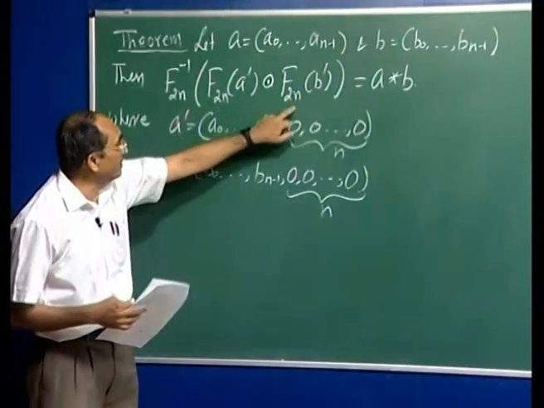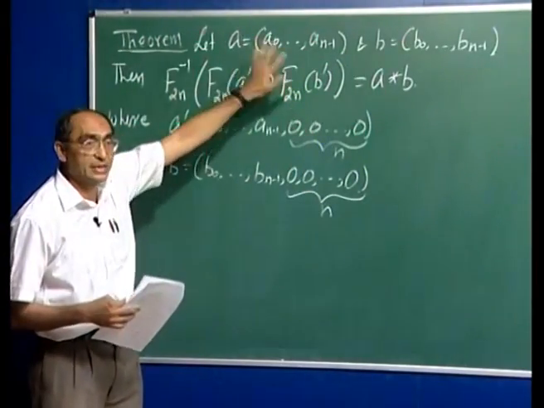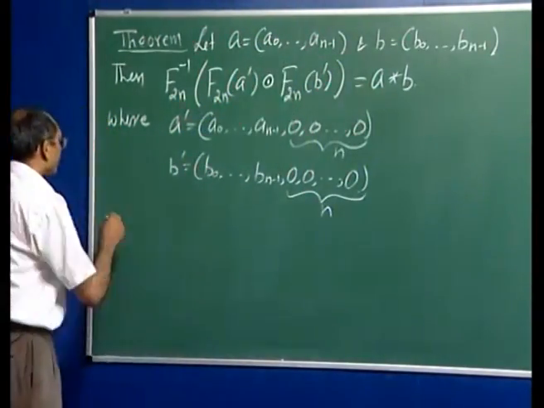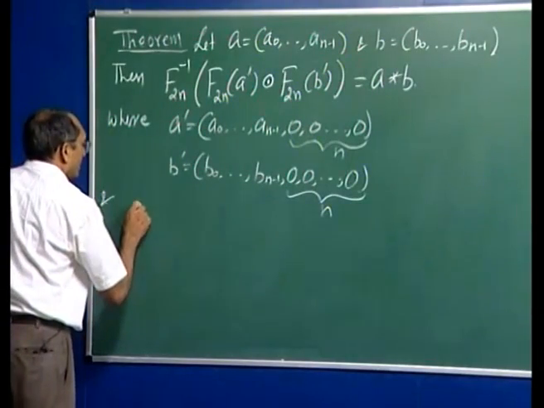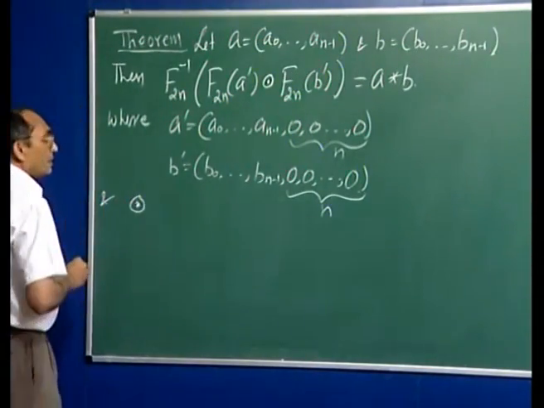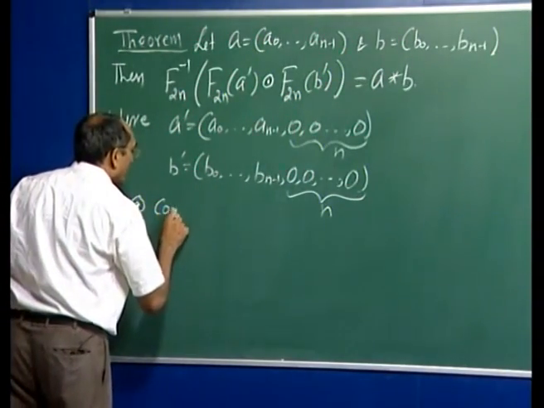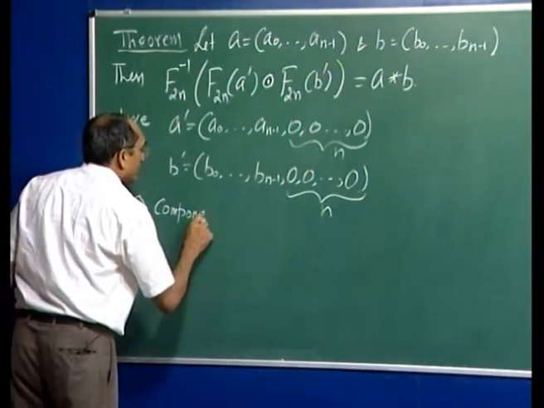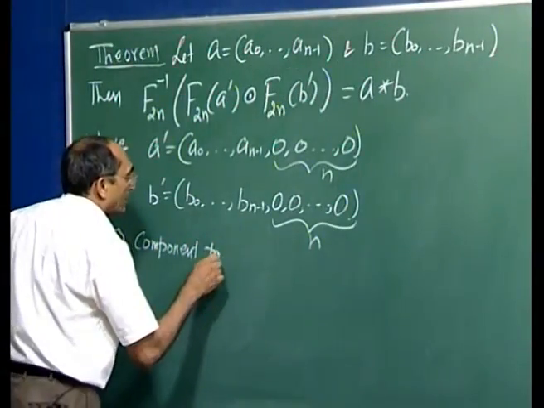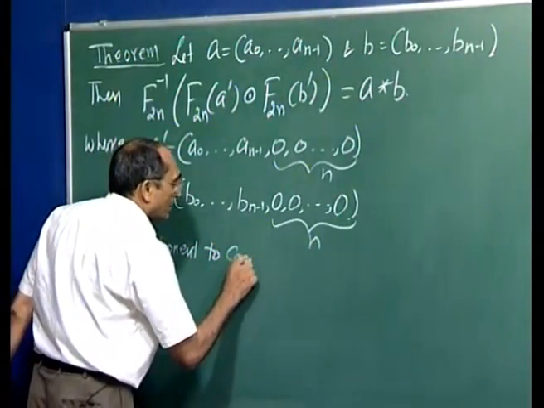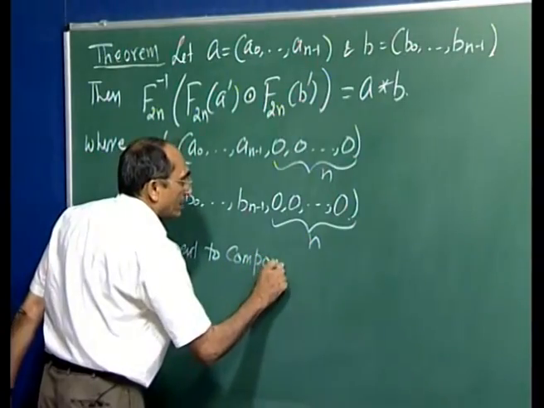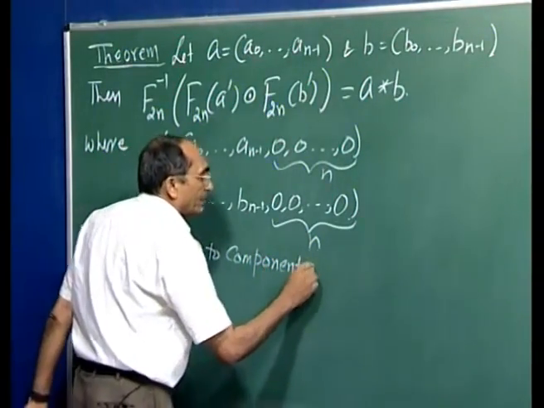Second of this, multiply them, that will be the second component. So, the encircled dot is component to component multiplication.